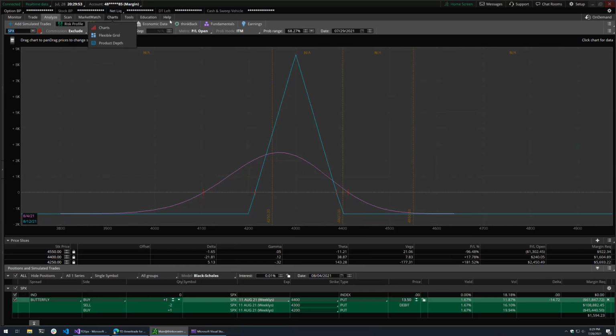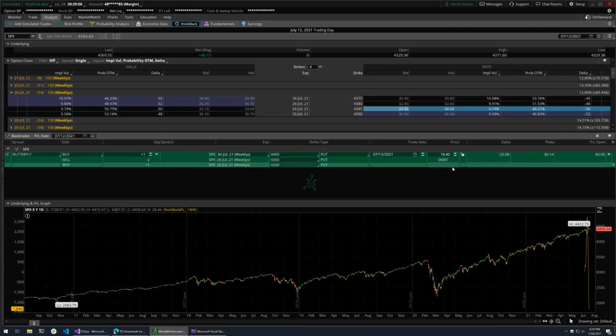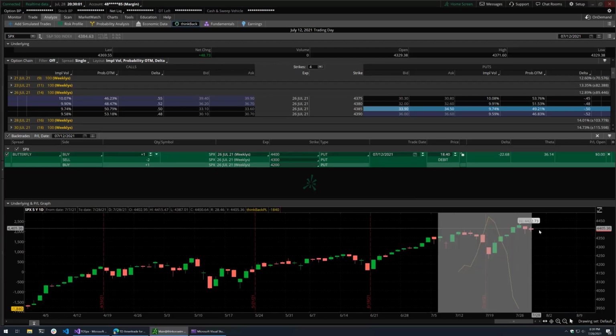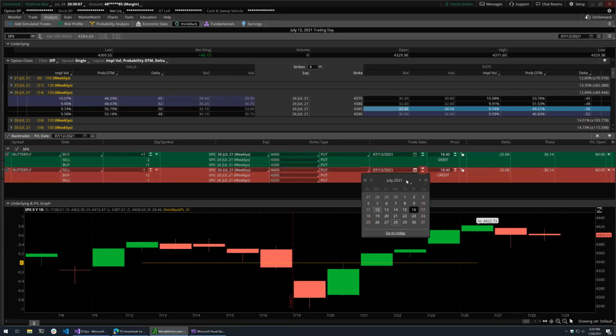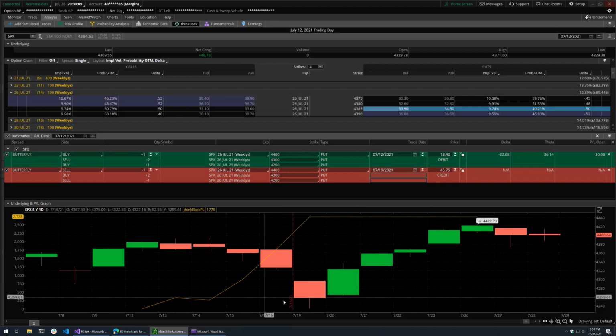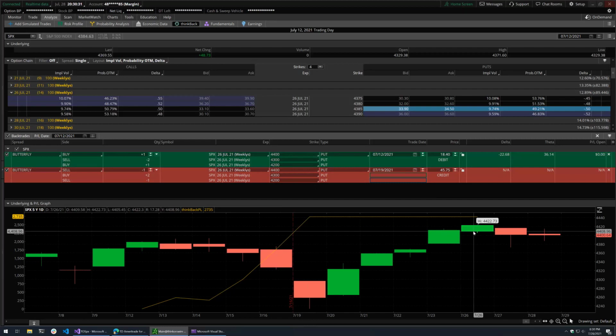So in Thinkback, if we were to put on this trade on the 12th, and then create the opposite trade on the 19th to sell, we have basically gone from 1840 to 45.75, which is about 150% return on your max margin there. Now we can also, of course, trade this the other way, going from the 19th up through the 26th.